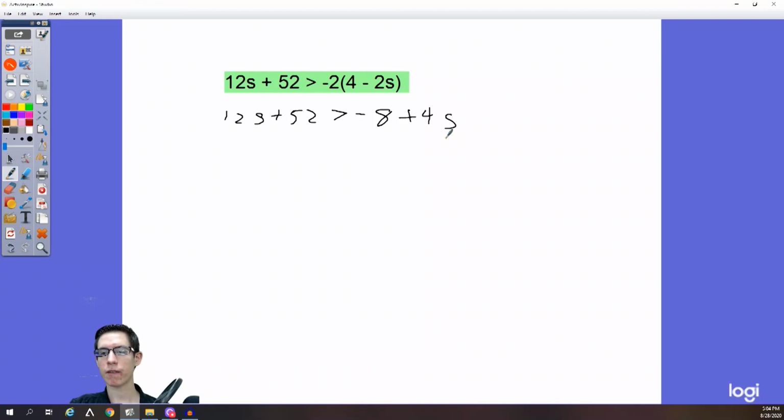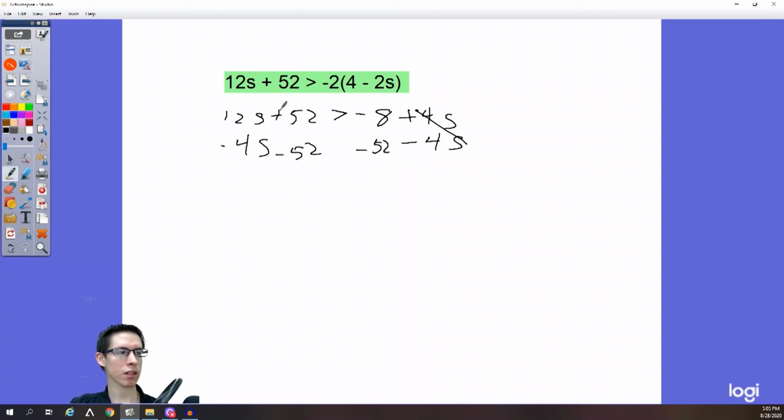Okay, very good. And now I need to take a second and move some things around. Let's move 4s over to the other side. And let's move negative 52 over to this side.